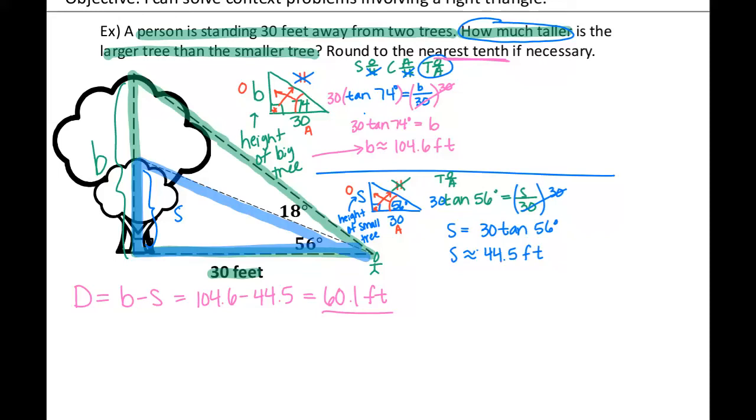So I want you guys to practice writing a sentence. Take maybe 15, 20 seconds to write a sentence down. Again, the context says how much taller is the larger tree than the smaller tree. That should help you write your sentence.